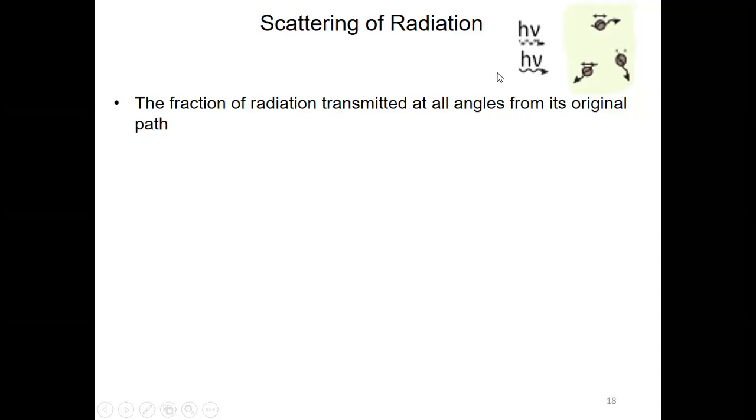This figure shows you how the scattering happens. When the light comes, it is transmitted at all angles from its original path. When the light hits small particles, it can transmit in all directions. There's no particular direction. Scattering is also possible.